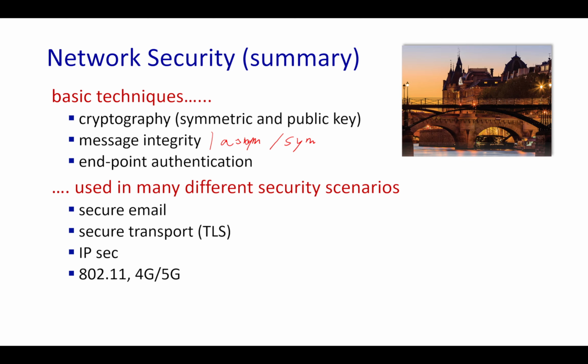And in the symmetric approach, how do we exchange the key? This is done by Diffie-Hellman or by asymmetric encryption. So we have basically learned any element how to provide confidentiality, authentication, and integrity, and this we will see repeatedly be used in the next protocols that we look into.